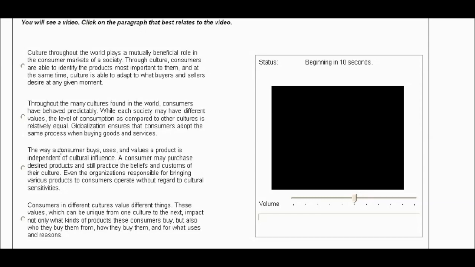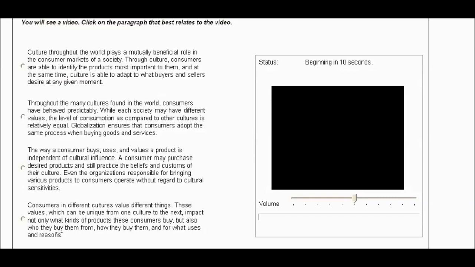And the third one is: the way a consumer buys, uses and values a product is independent of cultural influence. A consumer may purchase desired products and still practice the beliefs and customs of their culture. This sentence is not there in the lecture, right? The second sentence of the third paragraph. So the third paragraph we can leave.